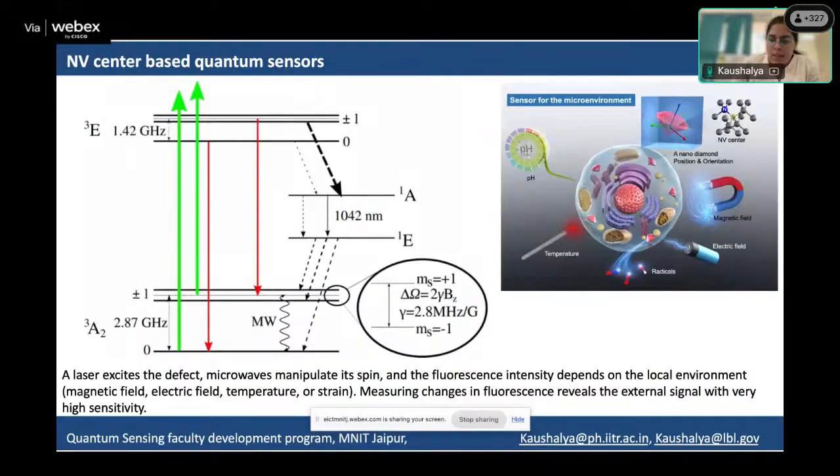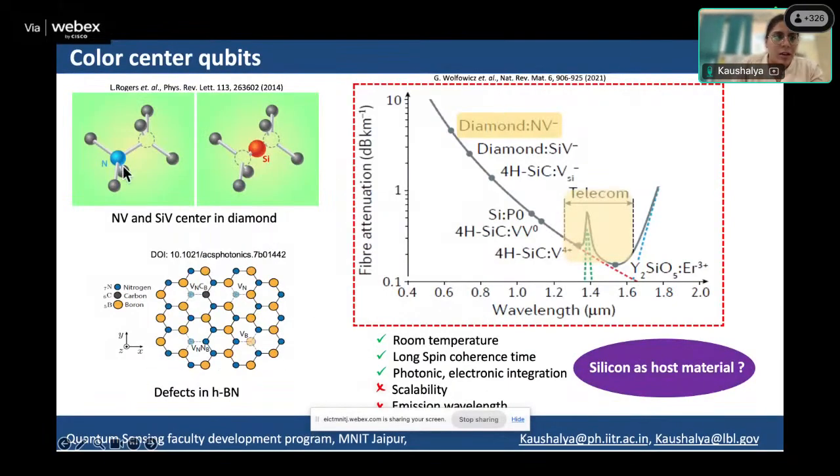telecom band. But before that, I'll quickly summarize the NV center and how it enables different quantum sensing applications. The NV center, as you perhaps already know, is in the diamond lattice: you remove two carbon atoms, place nitrogen in one place and keep the vacancy for the other atom position.